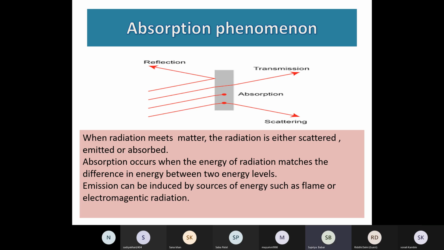Then scattering is when the radiation is absorbed by the substance and then comes out in a direction perpendicular to the direction of propagation. And some radiation may be absorbed by that substance completely or partially.